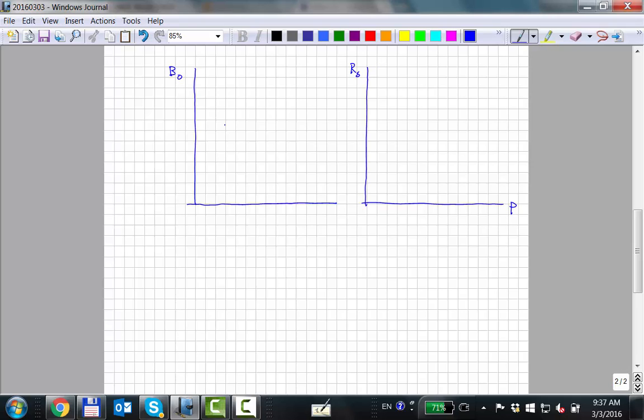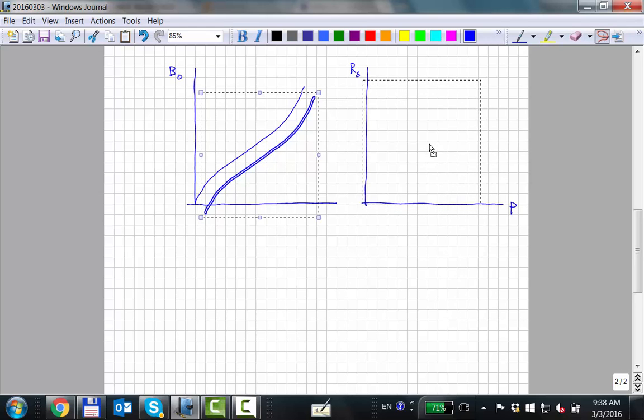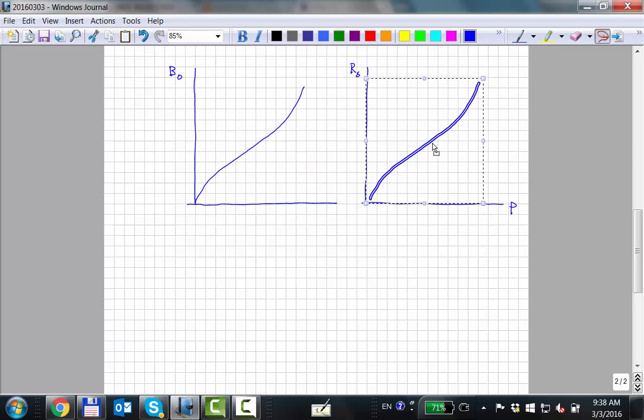I'm going to try to give a little bit of curvature like that. And then I'm going to try to be fancy here and copy that because it's got the same shape. Yeah, that's pretty good. It's going to look like that.